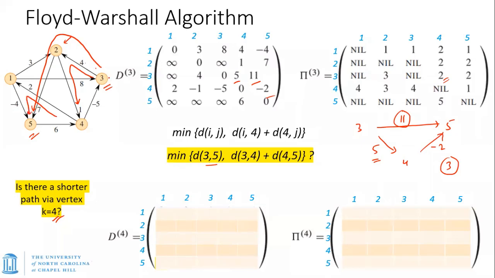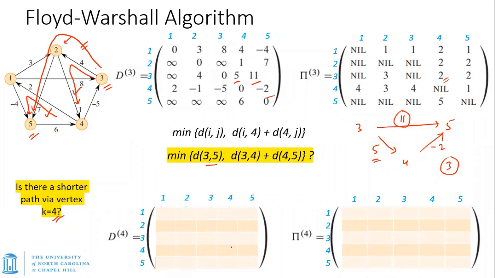In other words, instead of going from 3 to 2 to 5, which was the original path over here, now we've got a better path, which is 3 to 2 to 4 and 4 to 1 to 5. And that seems to be better, right?